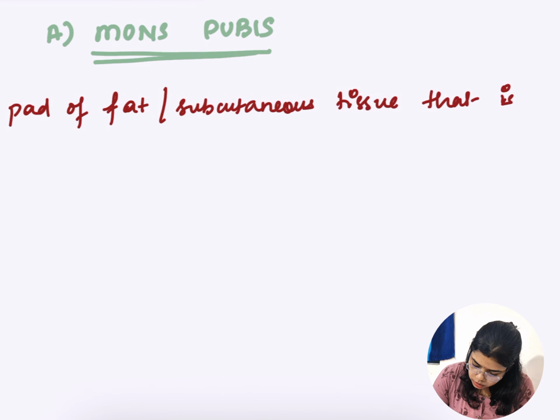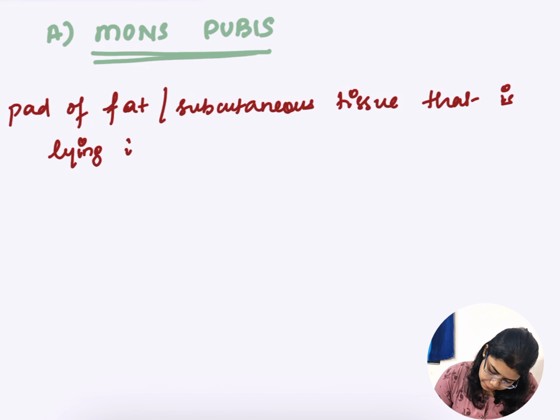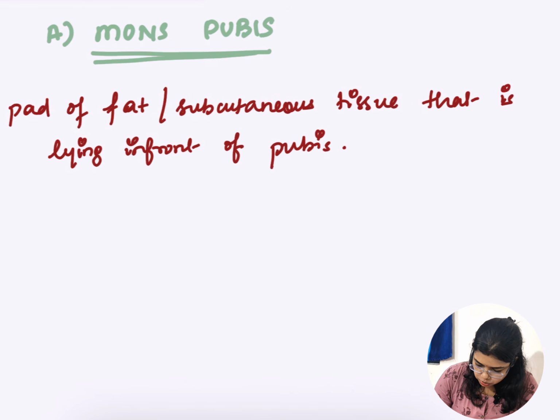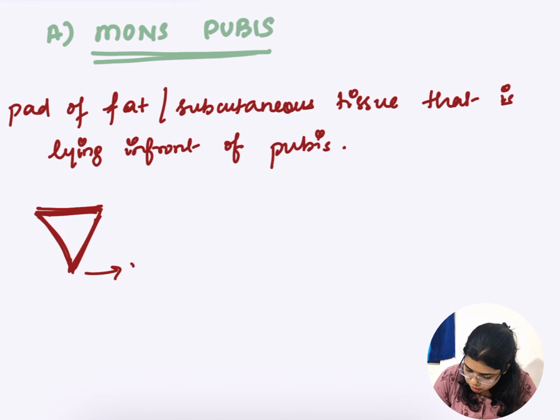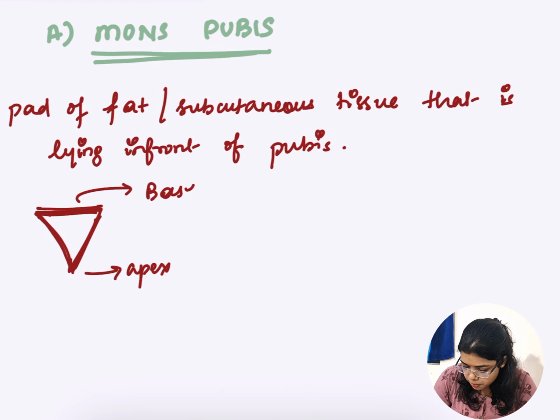that is lying in front of pubis. Okay, so what is the shape? Shape is inverted triangle, like this. This is the apex and this is the base. So base is pointing where?